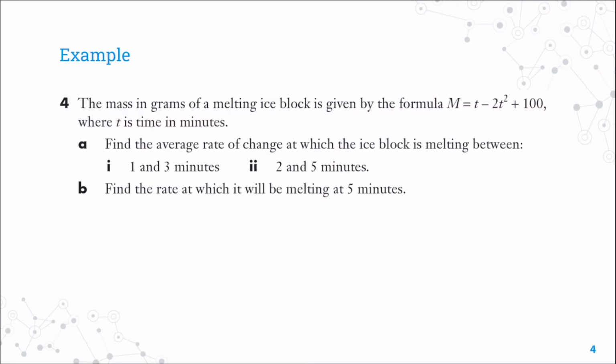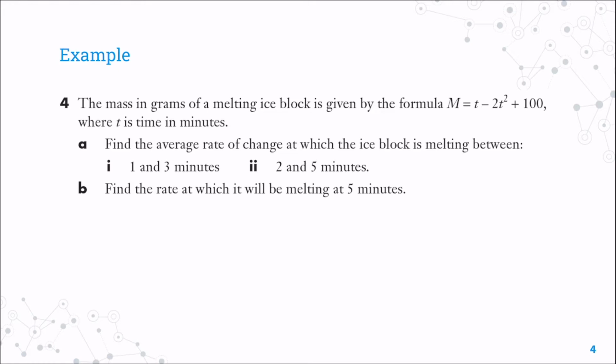Now let's do this example. The mass in grams of a melting ice block is given by the formula m equals t minus 2t squared plus 100, where t is time in minutes. So we're going to find the average rate of change and the rate at which it will be melting in 5 minutes.